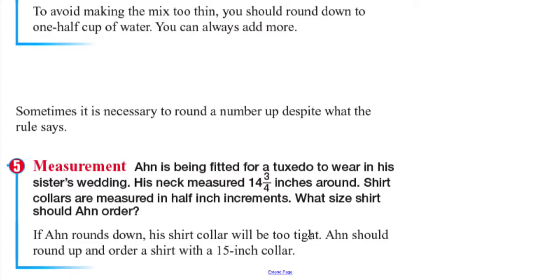If you round up, that collar will still close. It might be a little bit big, but it'll still do its job. So in this particular example, you need to round up. You need to think of the situation before you consider rounding up or rounding down. And that's the end of our lesson. Thanks for watching.